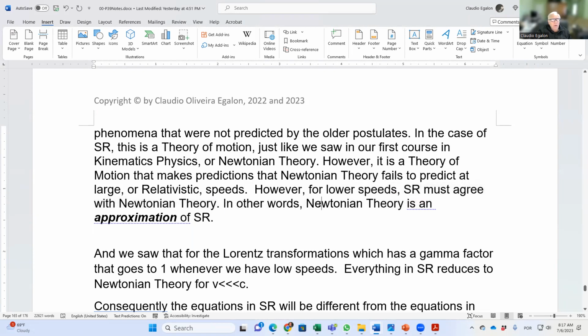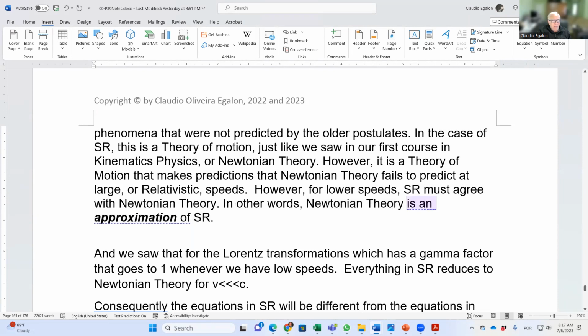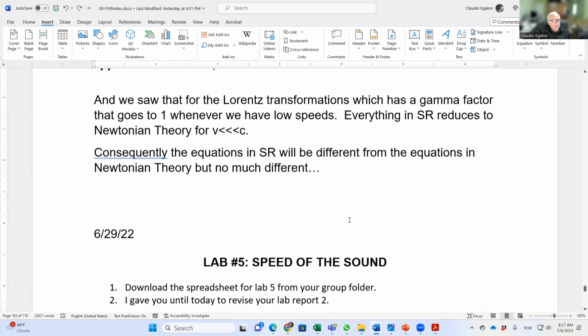In other words, Newtonian theory is an approximation of special relativity. And the condition is this one here, for v much less than c. For v much less than c, special relativity reduces to the Newtonian theory.